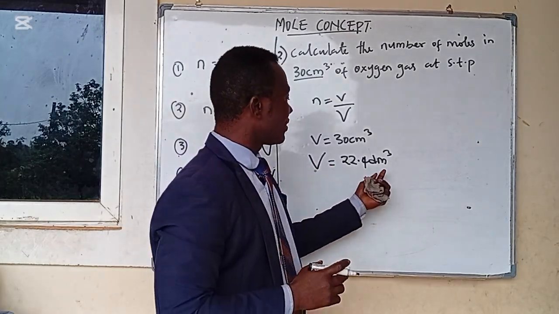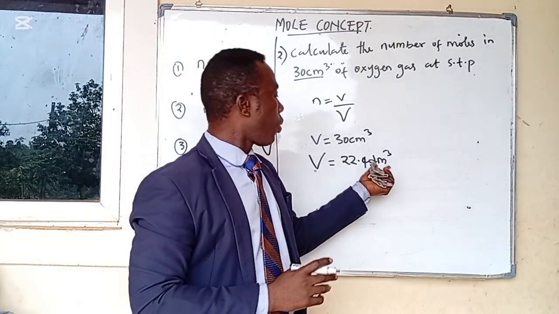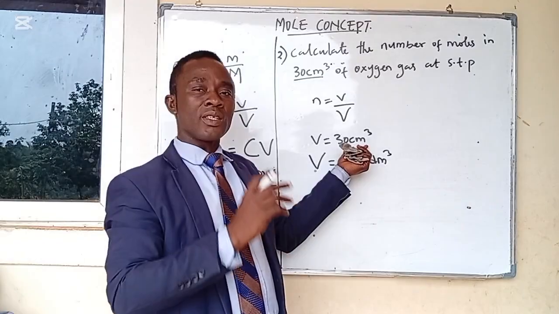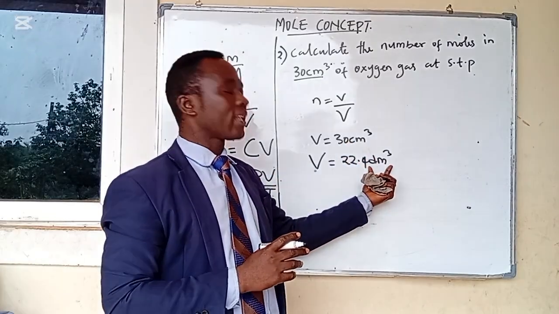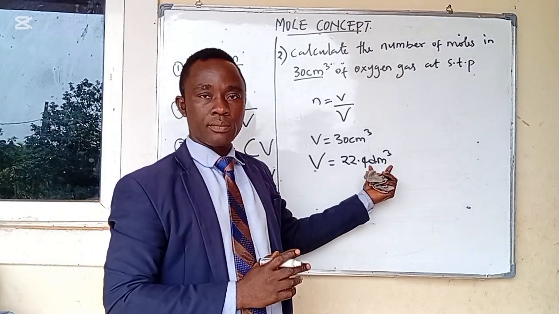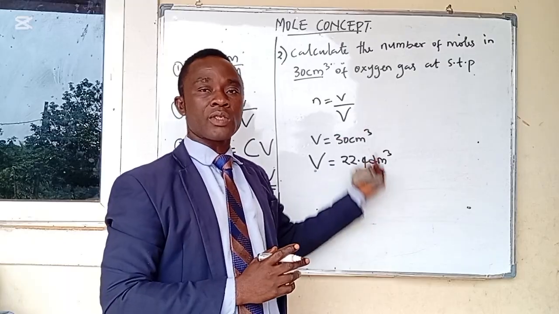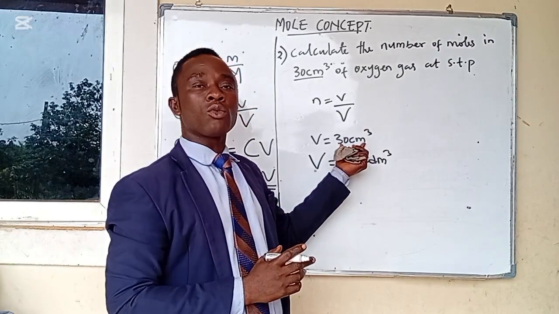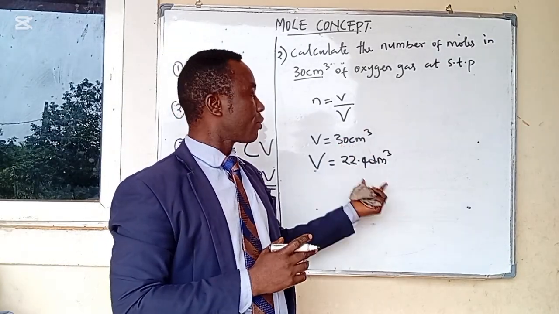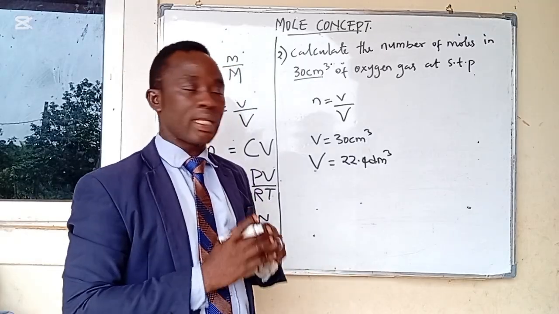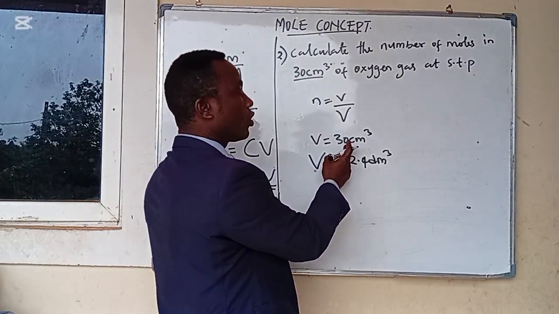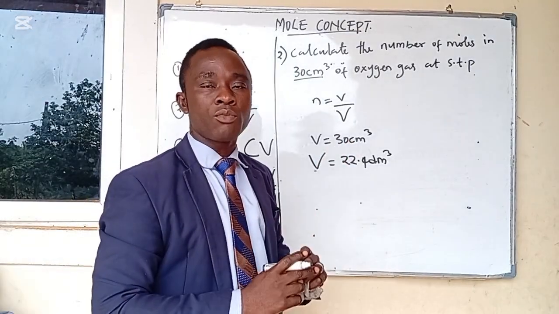Now remember that this is in dm cube, while the given volume is in centimeter cube. Either I convert this one to centimeter cube, or you convert this one to dm cube, so that it becomes dm cube and dm cube. Now let us use dm cube. That means we have to convert 30 centimeter cube to dm cube.